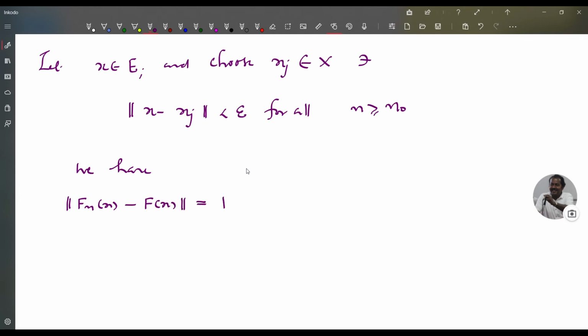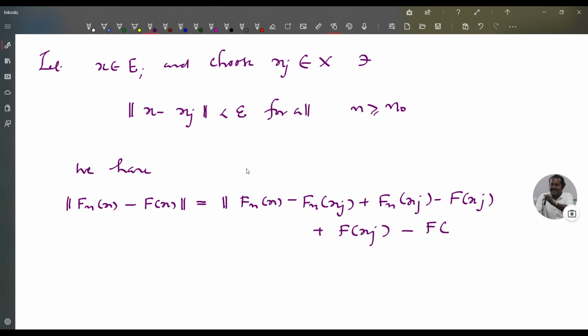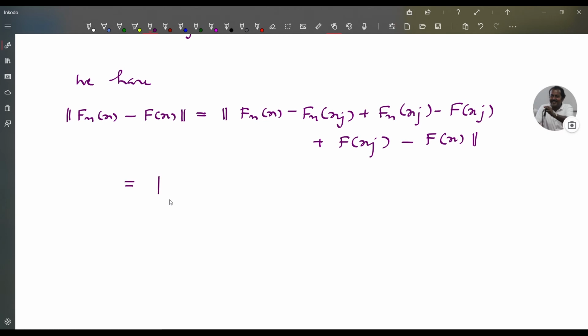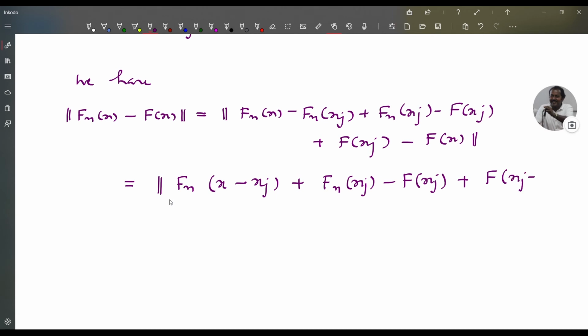This is equal to norm fn(x) minus fn(xj). Add and subtract fn(xj), so plus fn(xj). Now add and subtract f(xj), so minus f(xj) plus f(xj) minus f(x). So this is equal to norm of fn(x minus xj) plus fn(xj) minus f(xj) plus f(xj minus x).